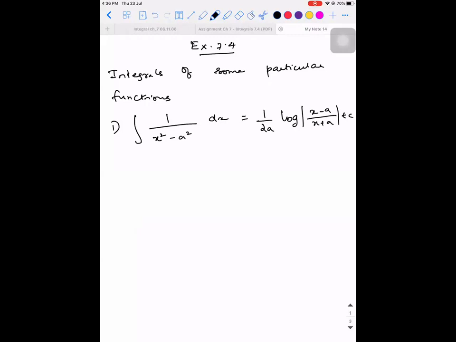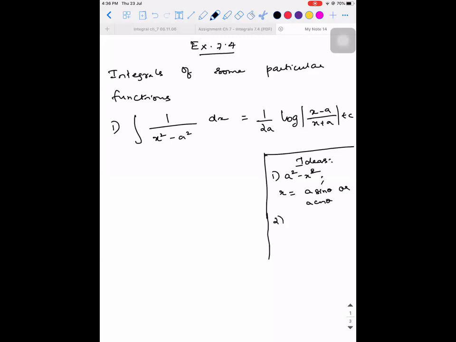Okay, the ideas, make a note of it. This is a very, very important idea. These ideas you can follow throughout your mathematics. The first one is wherever you see a square minus x square, you can think of substituting x as a sin theta or a cos theta.